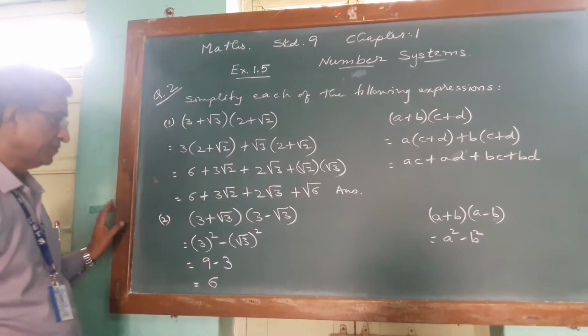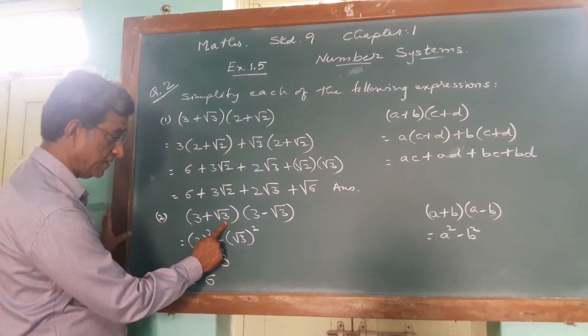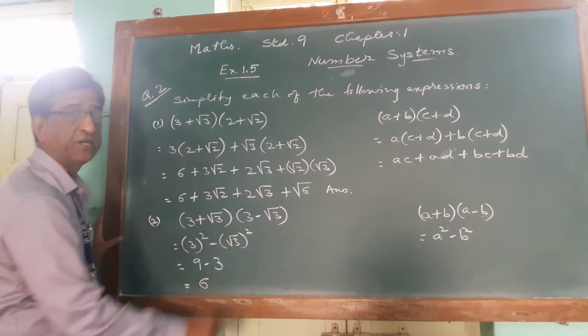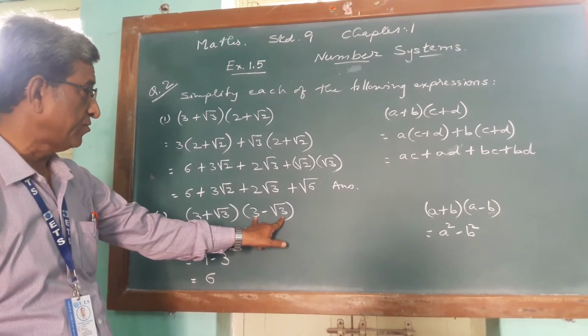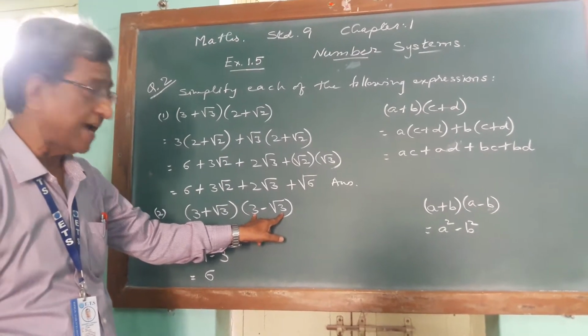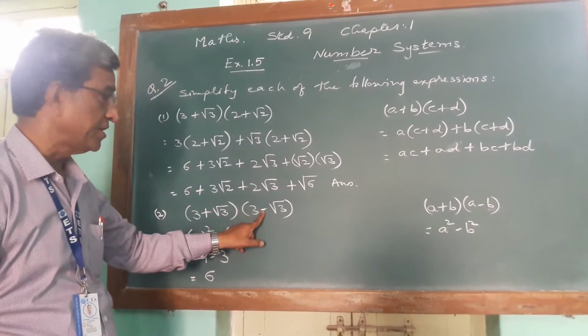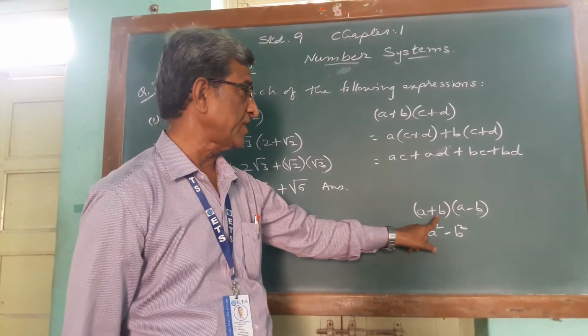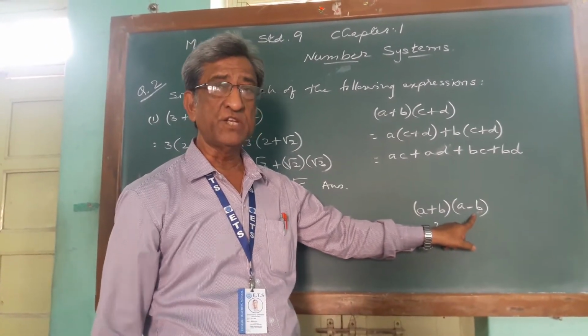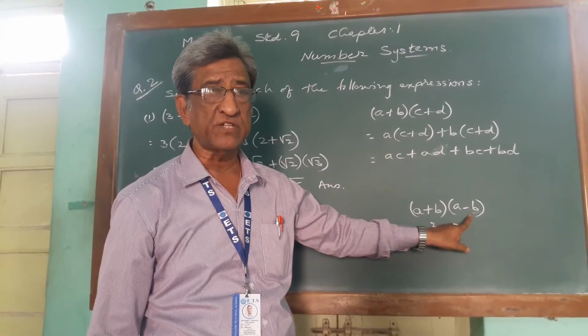Next, 3 plus root 3, 3 minus root 3. Here you can see that both the numbers are the same, 3 and root 3. Only the difference is that here it is plus and here it is minus. So you have to use this formula (A plus B)(A minus B). This formula also you have studied in the previous standard.